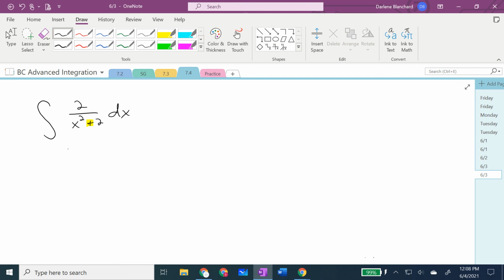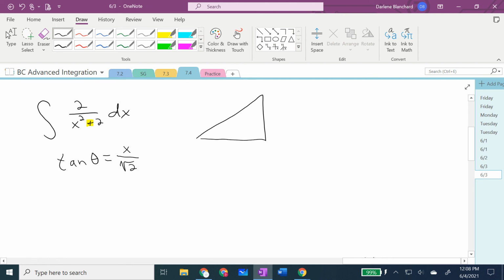When I have a sum of squares, I want to use the tangent function to equal the function being squared divided by the number that is being squared. Using my triangle knowledge, opposite over adjacent is tangent. Then Pythagorean theorem finds me the third side, square root of x squared plus 2.